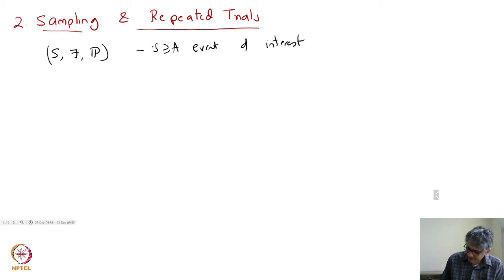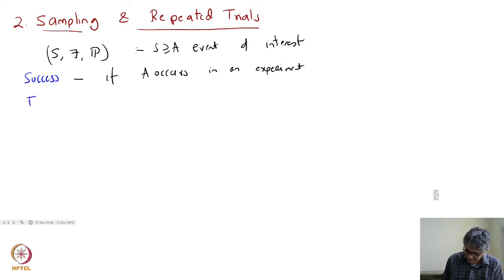So S contains A. Now you deem two things. You deem it a success if A occurs in an experiment, and you define it as a failure if A does not occur.